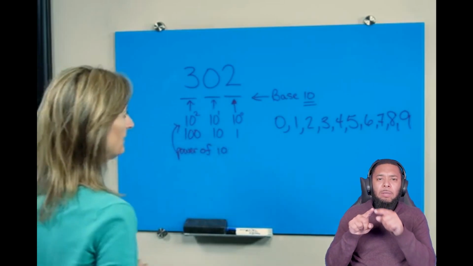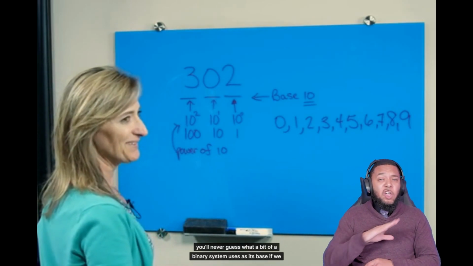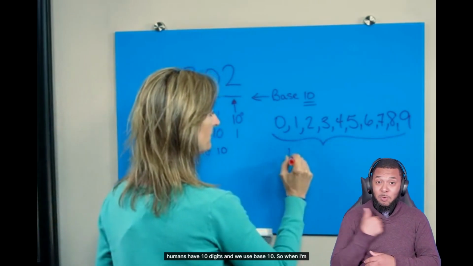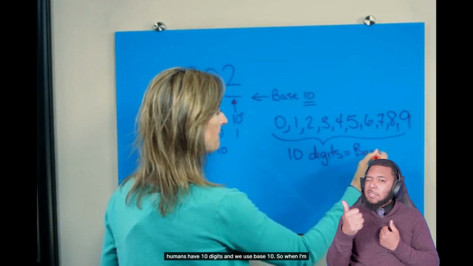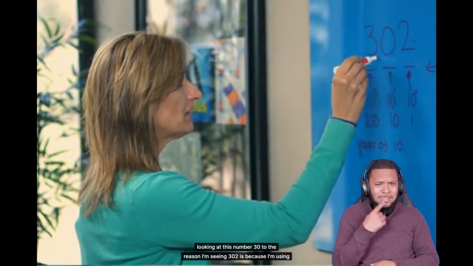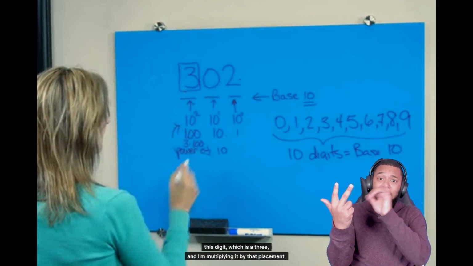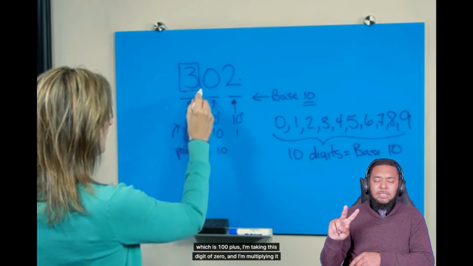Well, you'll never guess what a binary system uses as its base. If we humans have 10 digits, and we use base 10, so when I'm looking at this number 302, the reason I'm saying 302 is because I'm using this digit, which is a 3, and I'm multiplying it by that placement, which is 100.